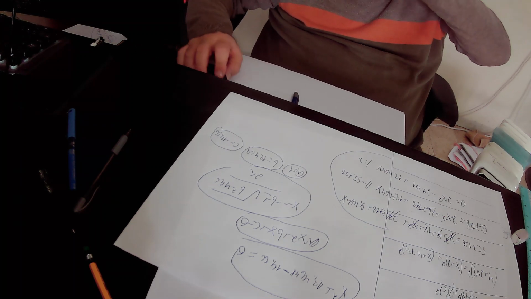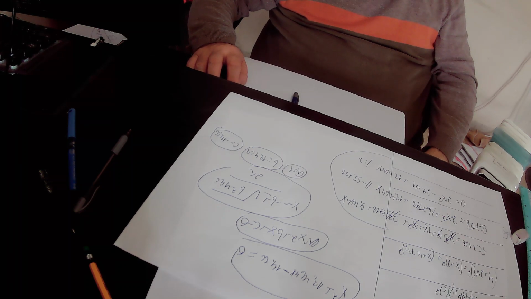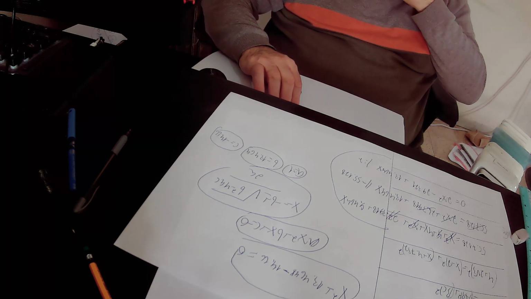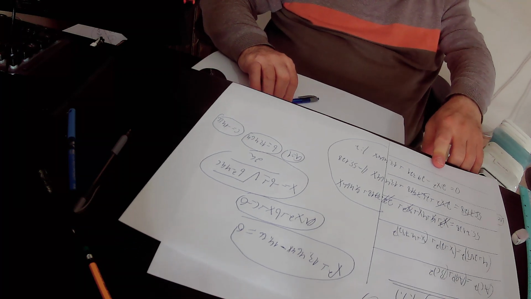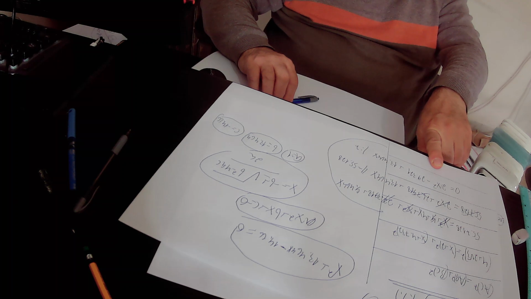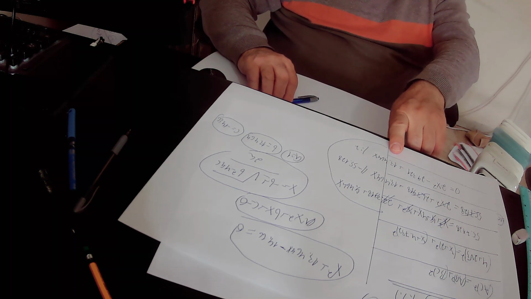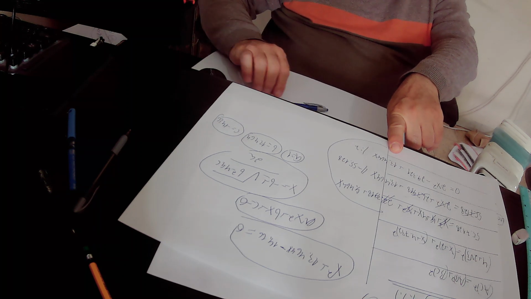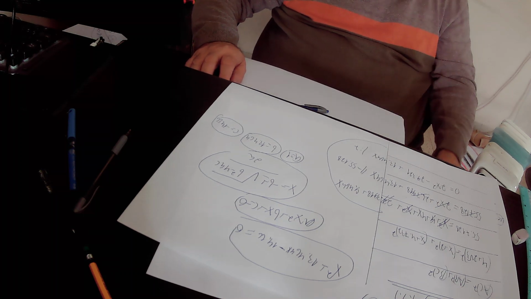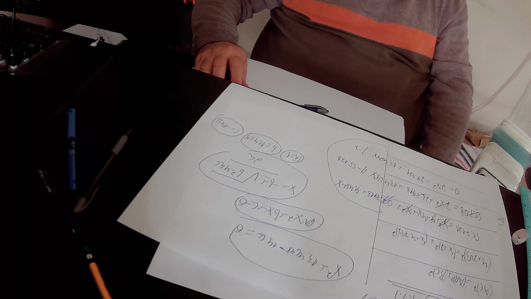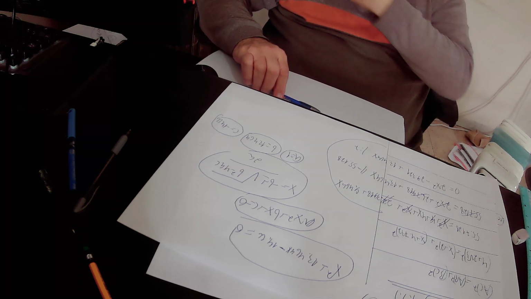Actually, here I didn't divide 13.464 by 2, so if you fix it, 13.464 over 2 equals 6.732 again.